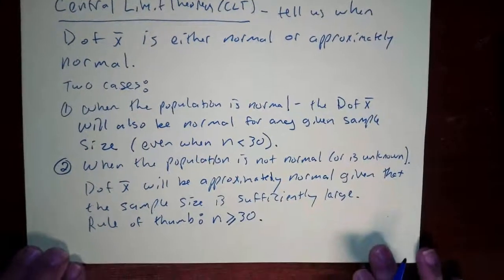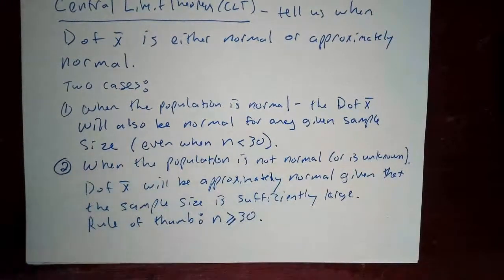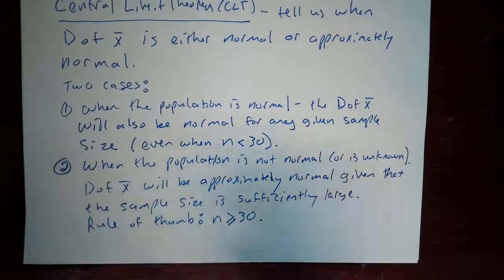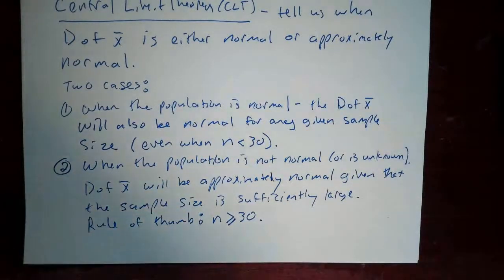Basically, the amazing thing is even if your population is not normal, as long as your samples are 30 or more, then you can assume that the distribution of x bar will be approximately normal. When you pull out all those samples and you start graphing them, even if the original population is not normal, the distribution of all the sample means is going to have a normal shape to it. It'll be approximately normal.